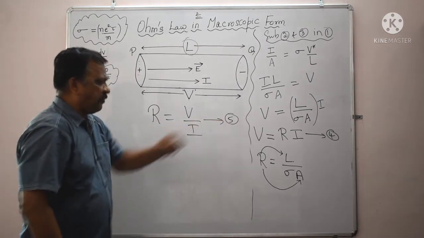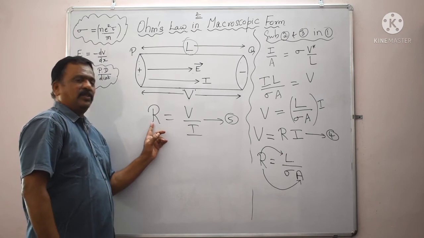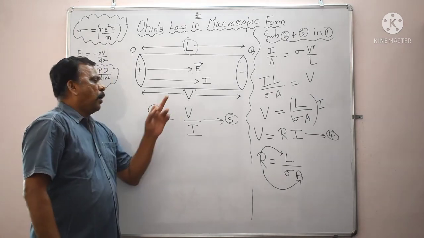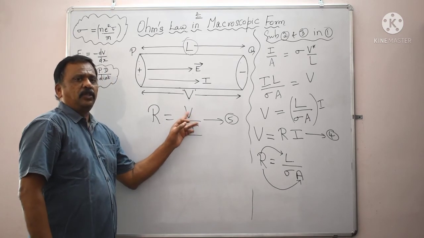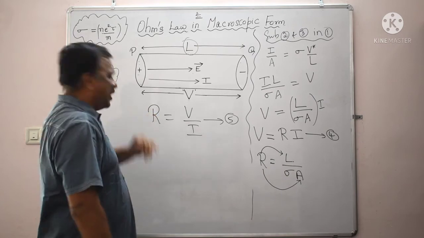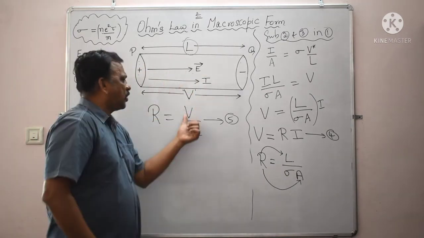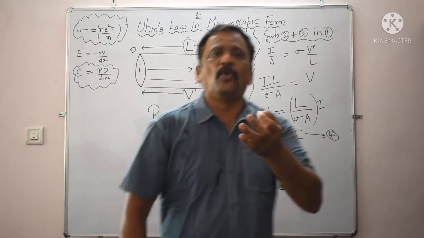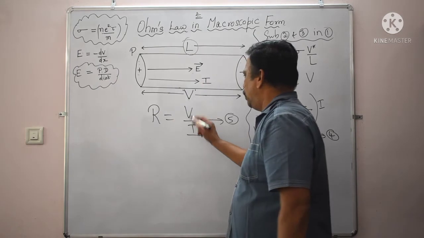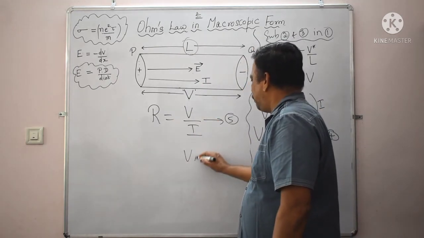So from expression 5, we can define resistance. Resistance is defined as the ratio of the applied potential difference to the current flowing through the conductor. So resistance is defined as the ratio of the potential difference between the two ends of the conductor to the current flowing through the conductor. Its unit: the unit of potential difference is volt and the unit of current is ampere.